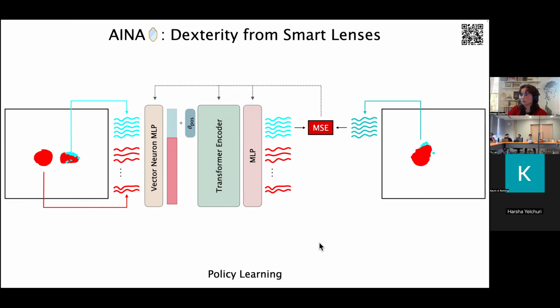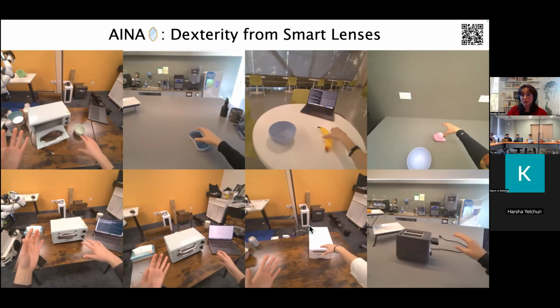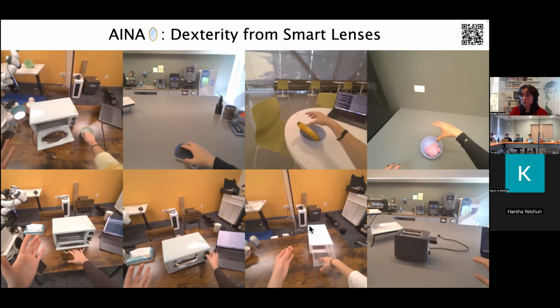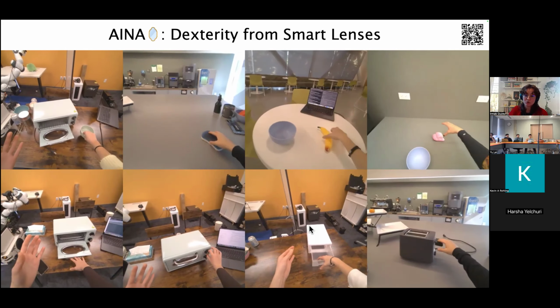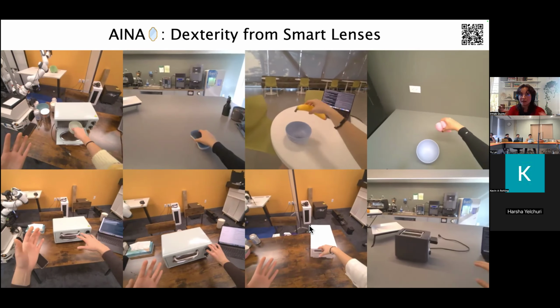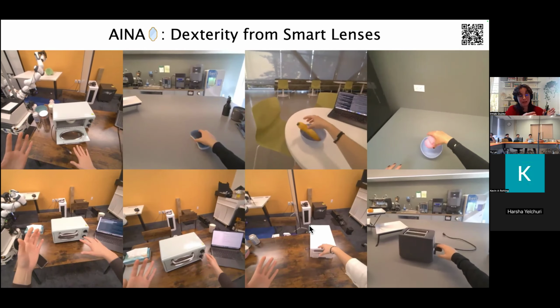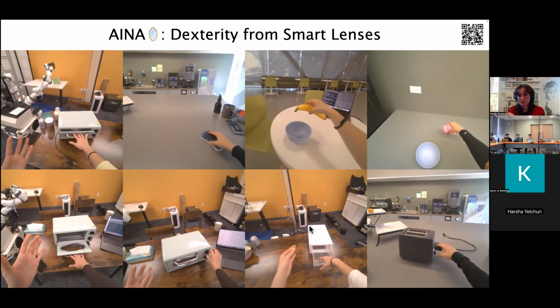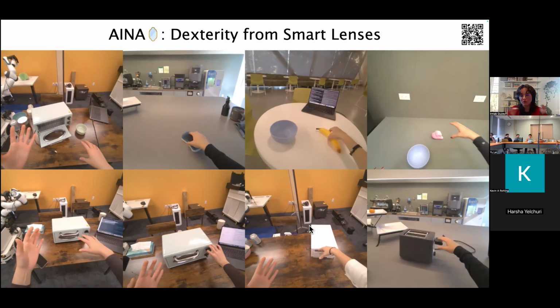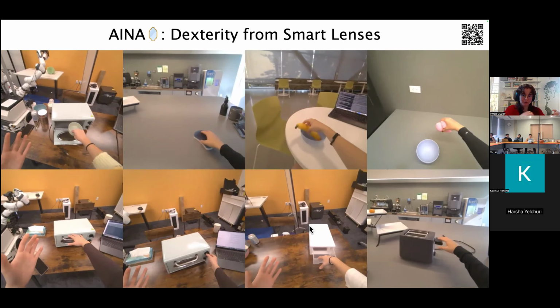But in this way we were able to learn policies from these in-the-wild demonstrations. Making everything point-based was also the reason for the annotation motivation: if you have good enough annotations, it becomes easier to train policies, but if you don't, it becomes harder and harder.